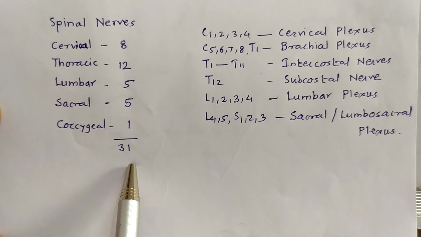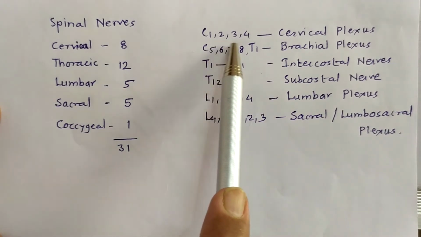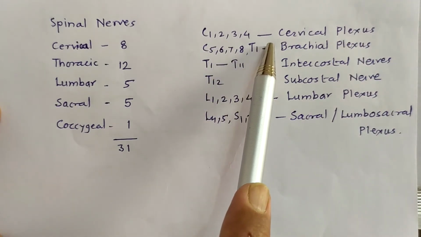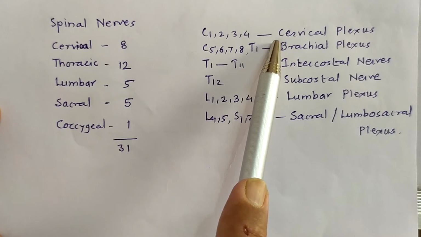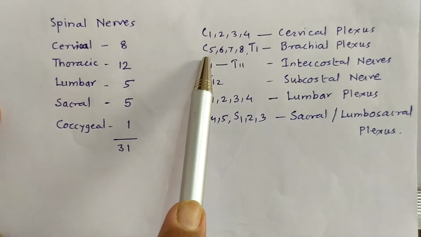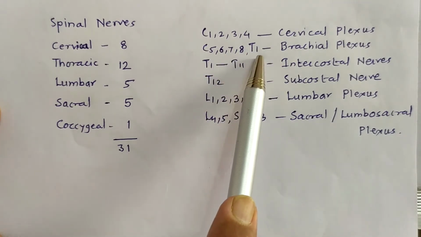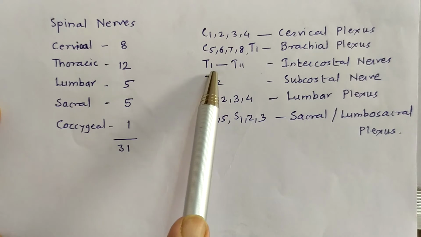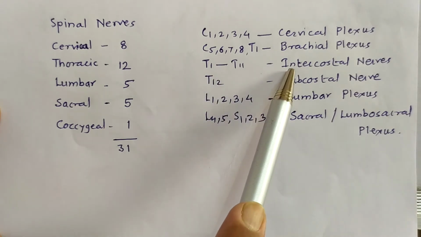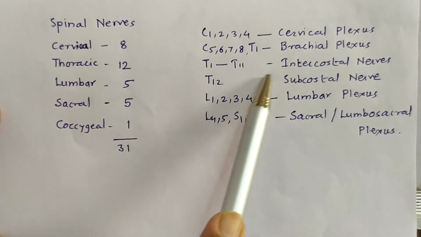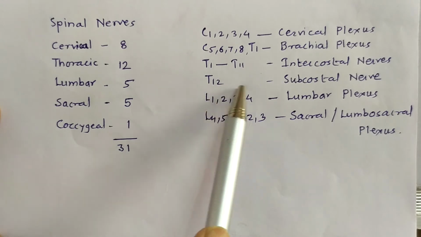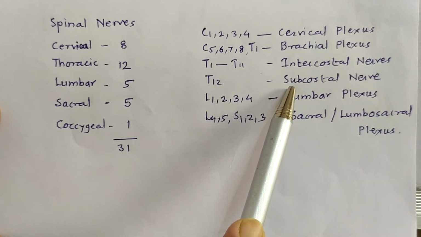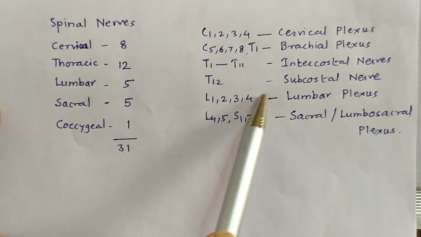The ventral rami of C1, C2, C3, C4 form the cervical plexus, while C5, C6, C7, C8, T1 form the brachial plexus. Ventral rami of T1 to T11 form the intercostal nerves, while T12 ventral ramus forms the subcostal nerve.